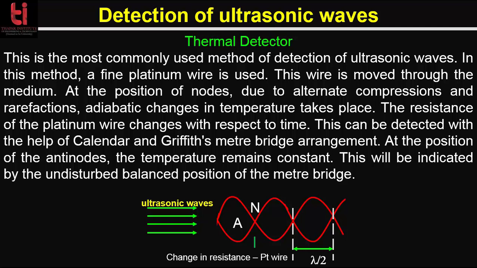The resistance of the platinum wire changes with respect to time. This can be detected with the help of a meter bridge arrangement. At the position of the antinodes, the temperature remains constant. This will be indicated by the undisturbed balanced position of the meter bridge. And again, the distance between two nodes is lambda by 2.